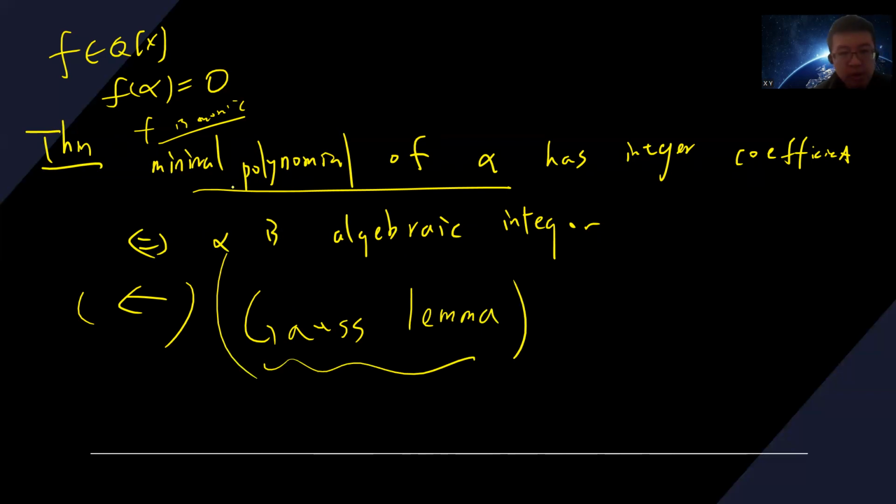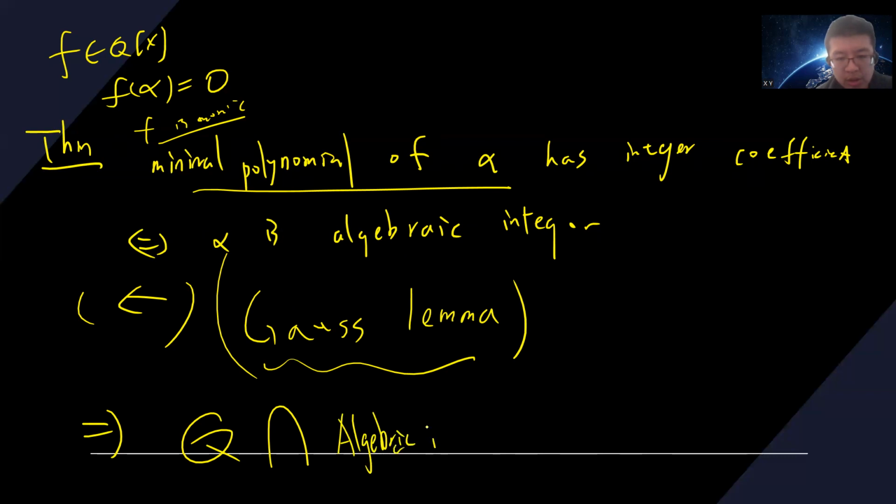Okay. And using this, you can easily prove the fact that Q intersected with the algebraic integers will just be Z. Simply speaking, the only algebraic integer which is rational must be an integer itself.